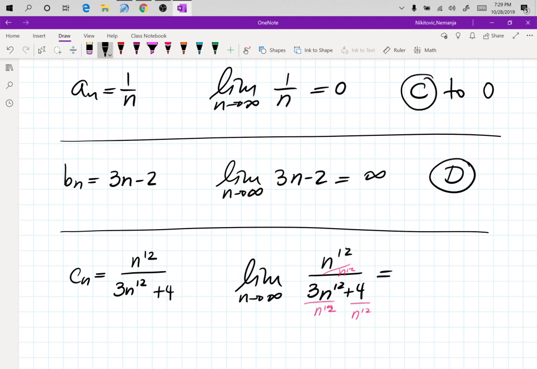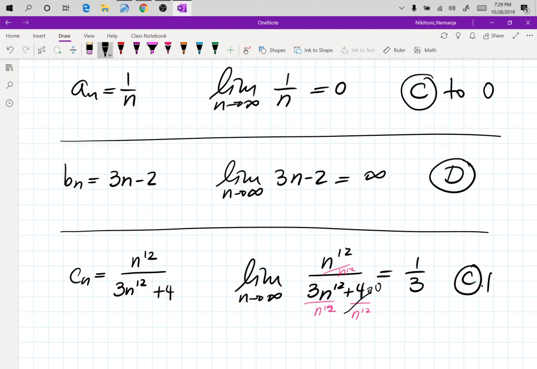Anytime you divide, you make the answer smaller, right? So when you divide something by infinity, that answer keeps getting smaller and goes to nothing because you're dividing it infinitely many times. So this 4 over n to the 12th term will go to 0, and you just get 1/3.